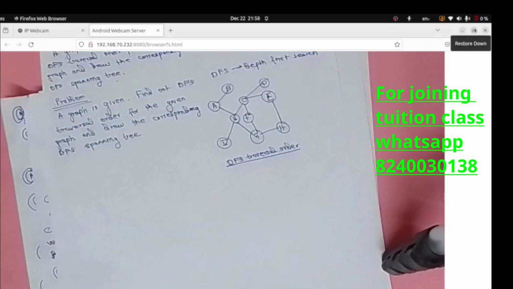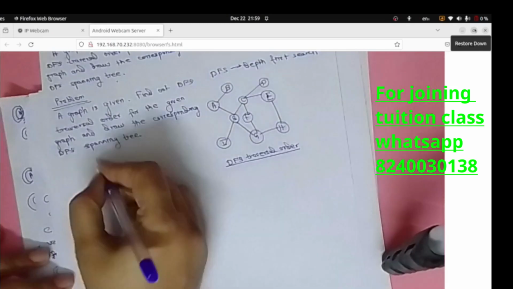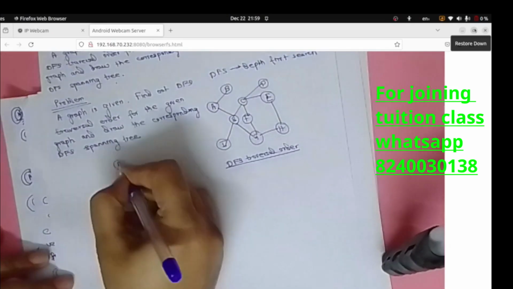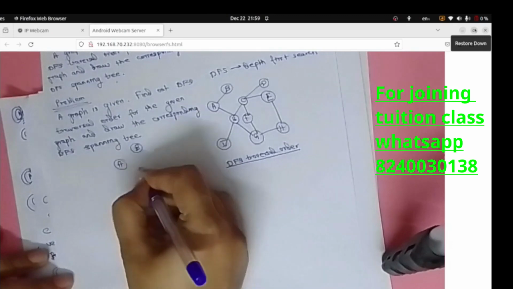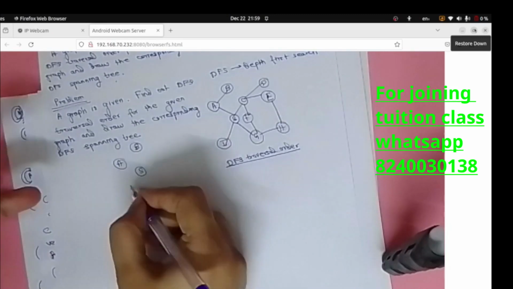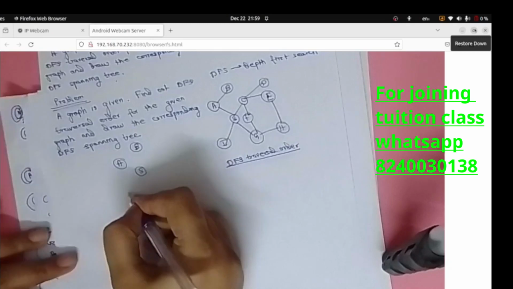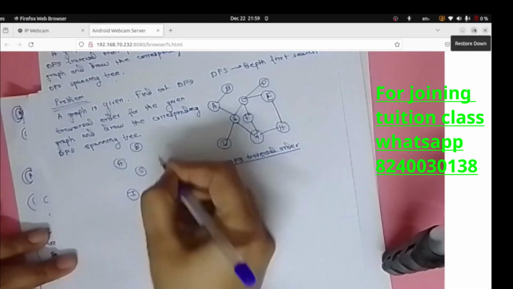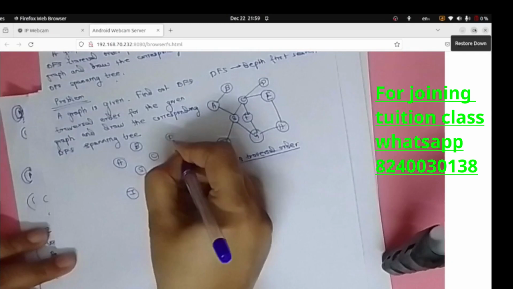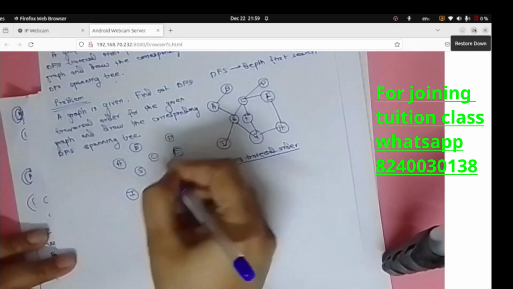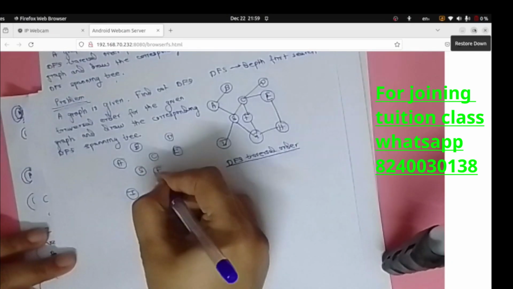To draw the depth first spanning tree, we will first write the vertices, and according to the traversing, the edges will be connected. So I'm drawing the vertices once again so that it will become a depth first spanning tree: C, D, E, F, G, and H.